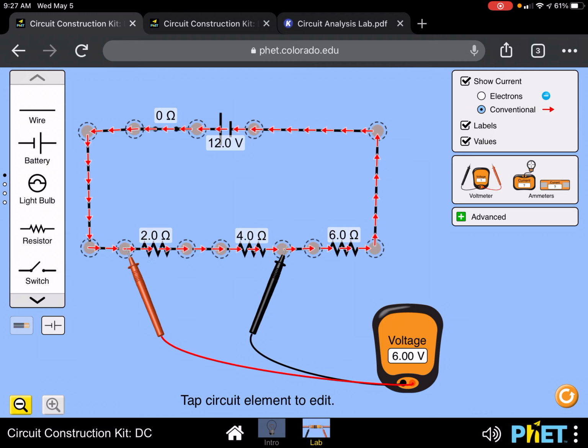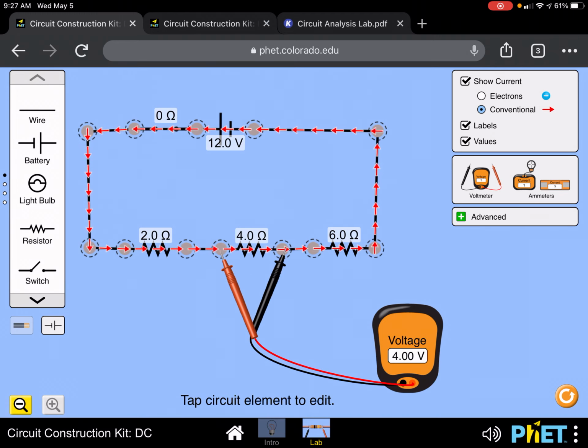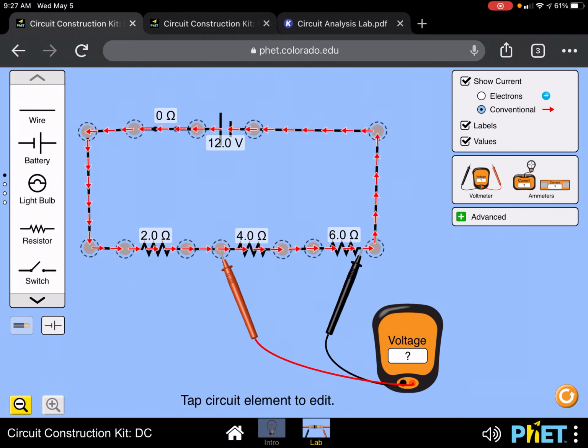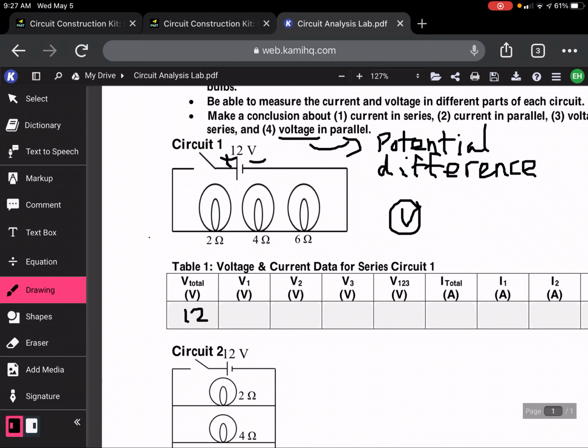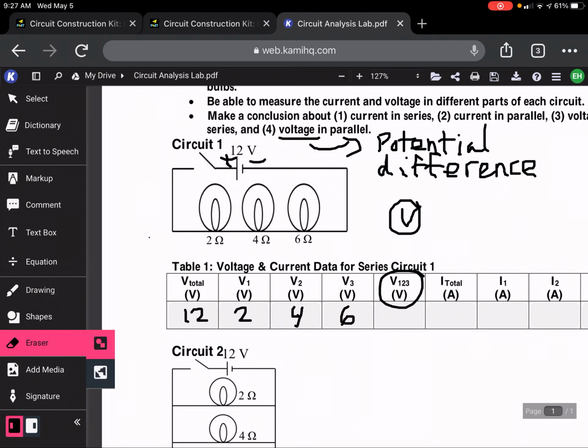If I measure across the second light bulb, it's 4 volts. And across the third light bulb, it's 6 volts. Let's record those. So 2 volts across the first one, 4 volts across the second one, and 6 volts across the third one. Now let's measure across all 3 of them grouped together.